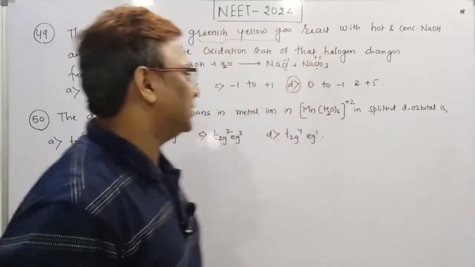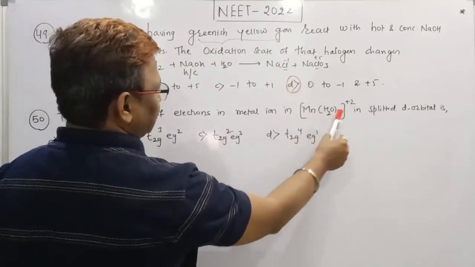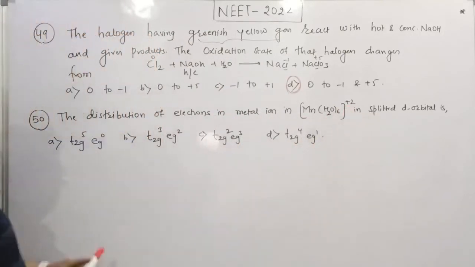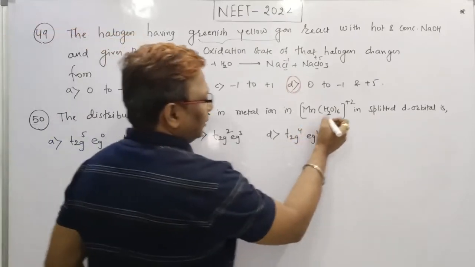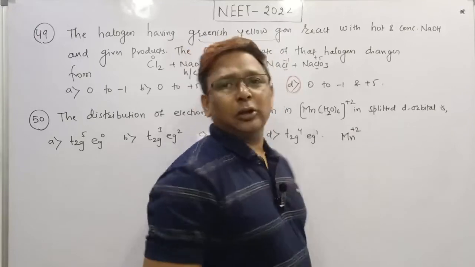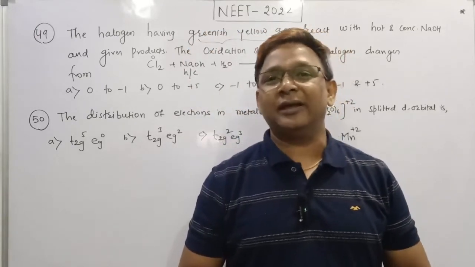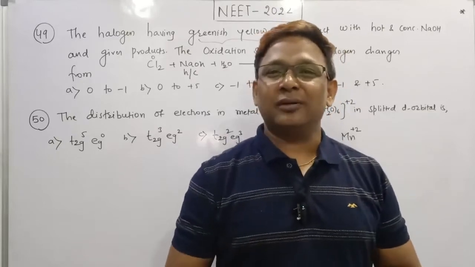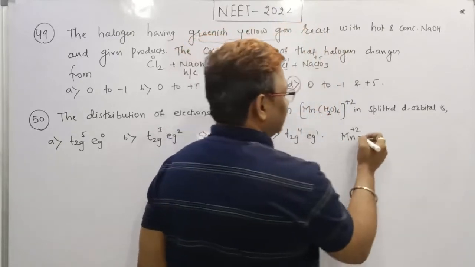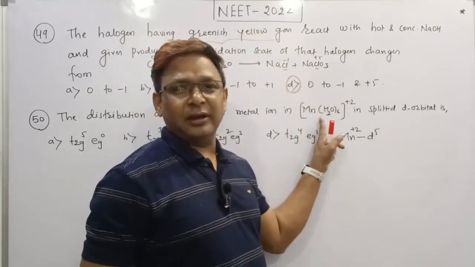But the last question: distribution of electrons in the metal ion of Mn2+ in the split orbitals. You know the oxidation state of Mn is +2. The atomic number of Mn is 25, with configuration 4s2 3d5. By losing 2 electrons, its configuration becomes d5. Water is a weak field ligand.